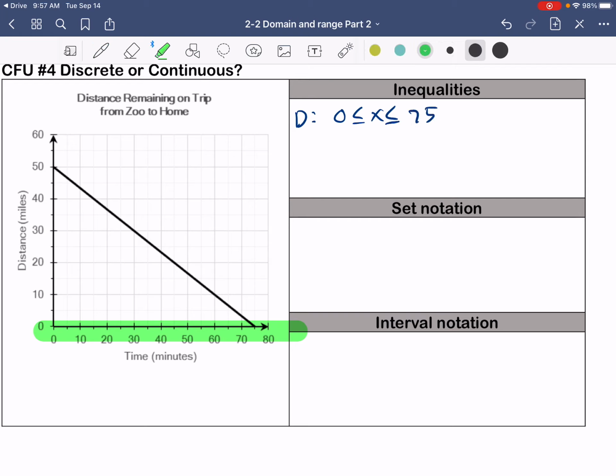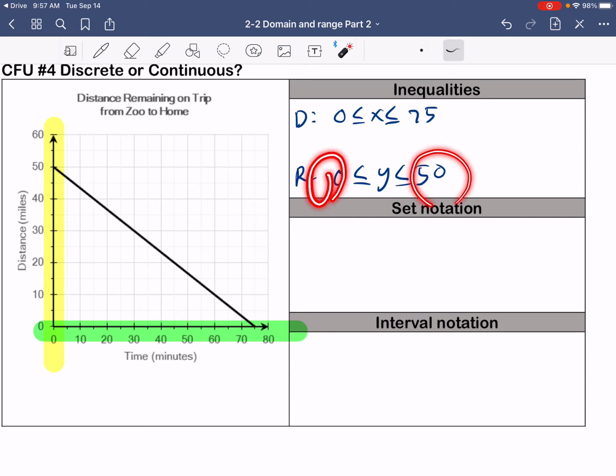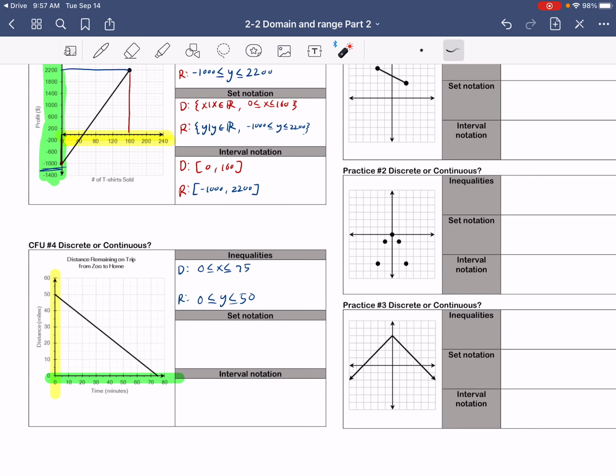And for the range, what's the range gonna be? It's not 75 to 50, that does not make sense. It's 0 to 50. Okay, and remember, let's say you put 50 first and 0 later, that's wrong. Always put smaller number on the left, higher number on the right. That's what it should be, okay?